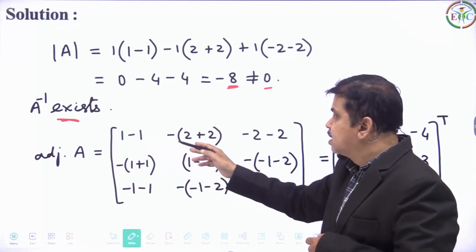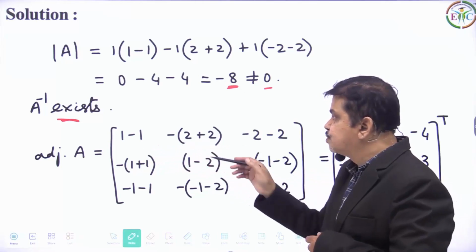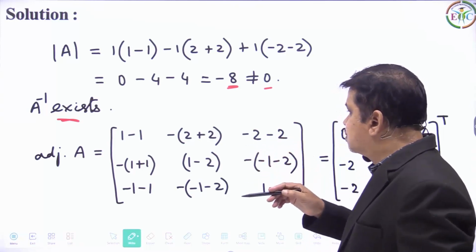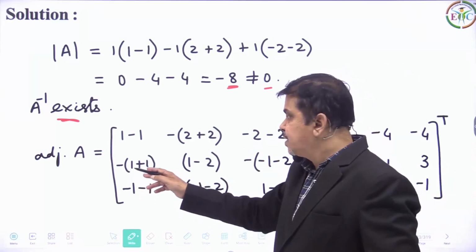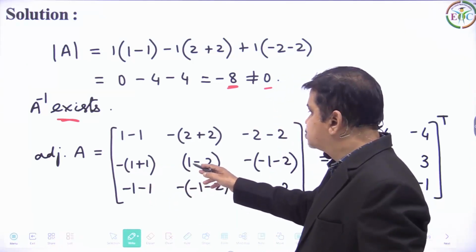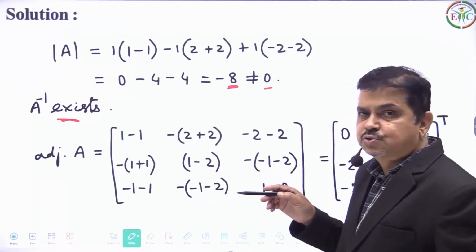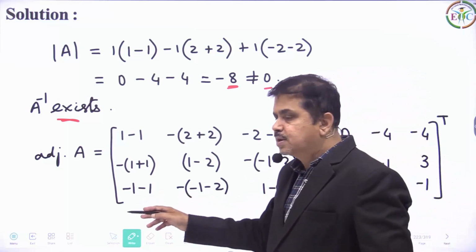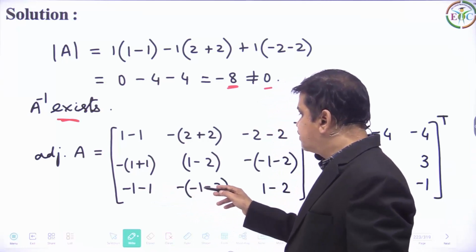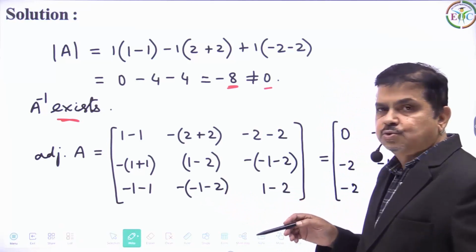So we have 1 minus 1 as the cofactor of A11. Cofactor A12 is minus of 2 plus 2, and cofactor of A13 is minus 2 minus 2, and cofactor of A21 is minus of 1 plus 1, and cofactor of A22 is 1 minus 2, and the cofactor A23 is minus of minus 1 minus 2, and the cofactor of A31 is minus 1 minus 1, and the cofactor of A32 is minus of minus 1 minus 2, and the cofactor of A33 is 1 minus 2.